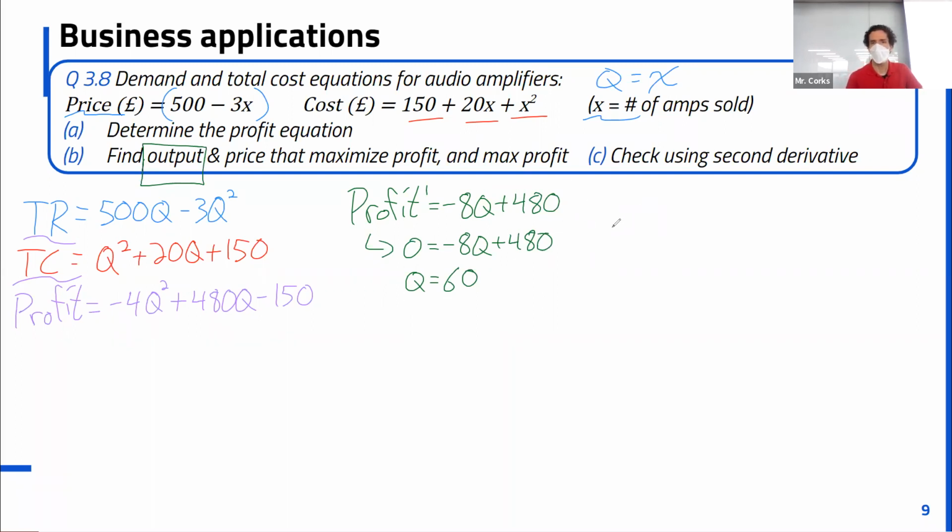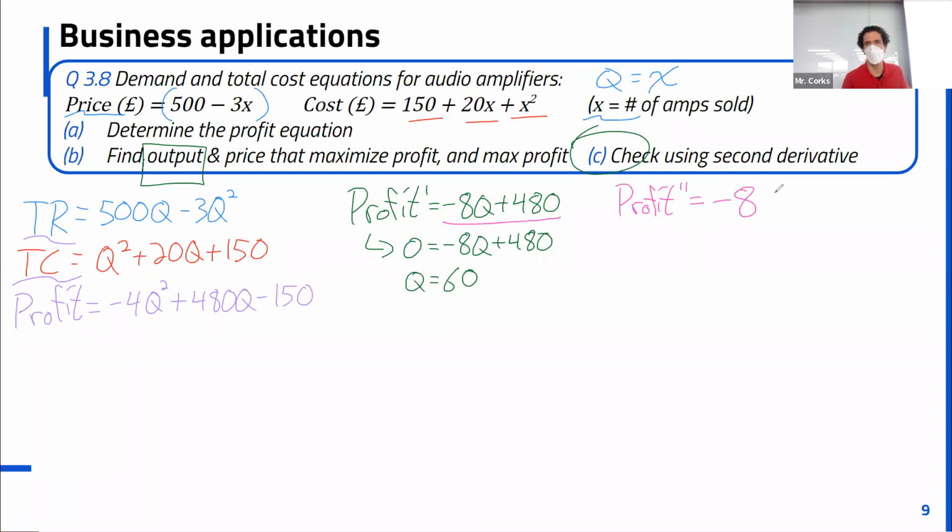They have also asked us, actually, to me it's a little weird, to verify that it's a maximum at the end here. Probably makes a bit more sense to do that first. So actually, let's just do that. Let's make sure we are dealing with a maximum. So our profit double prime, second derivative here, is just negative 8.